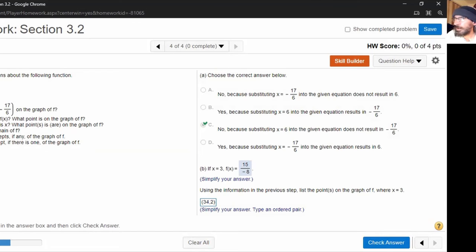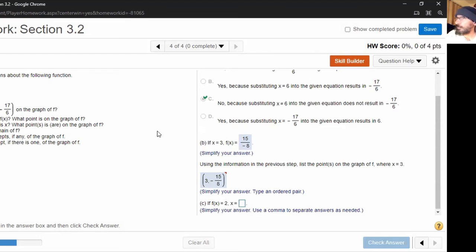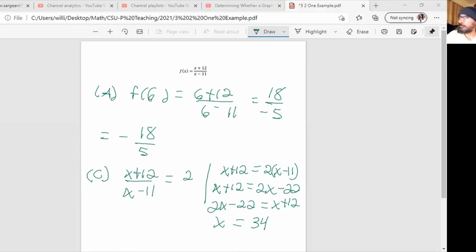It should be right. Okay, I'm going to leave that mistake in there. Let's see if we can figure out what I did wrong. Oh, that was for part B still. So 3 comma negative 15/8. Whereas here, x equals 34. That's what makes y equal 2. And so the point is 34 comma 2.